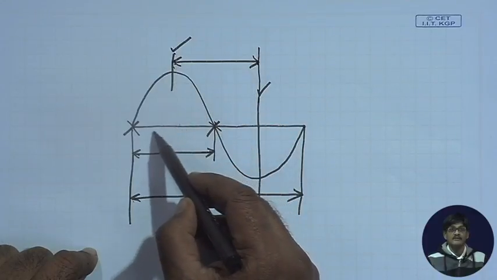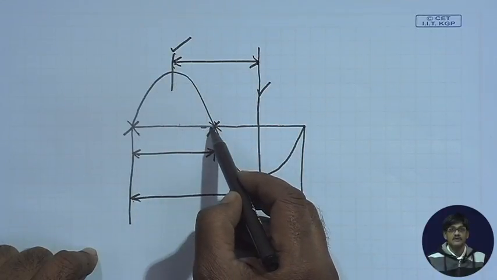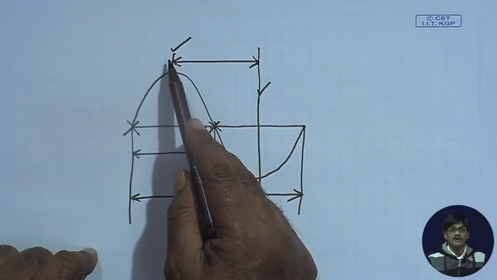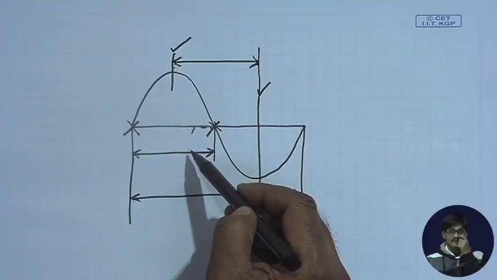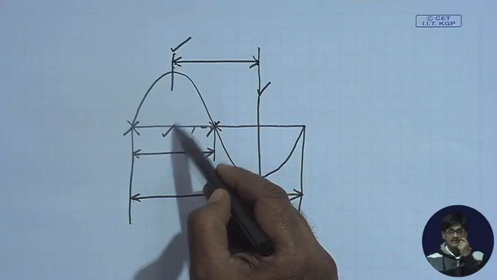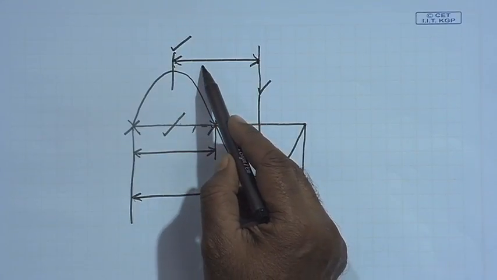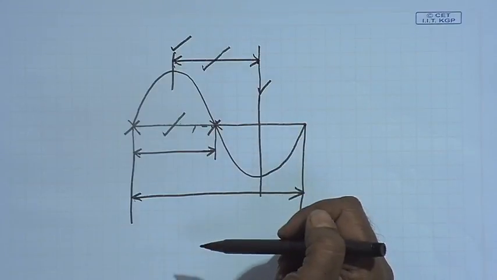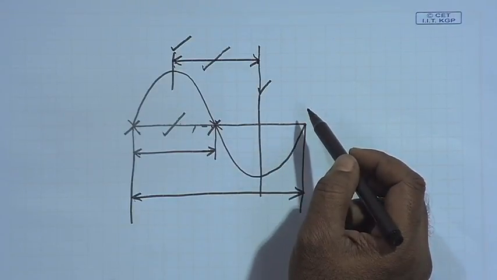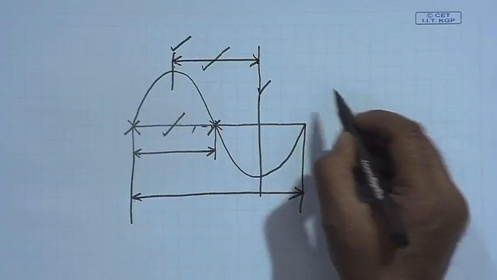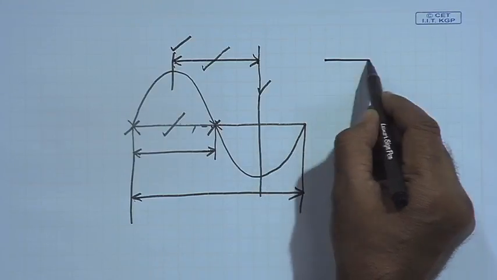I will solve for this length between these 2 points. That is what we are going to do. And how does it apply in our case? Our case is this.